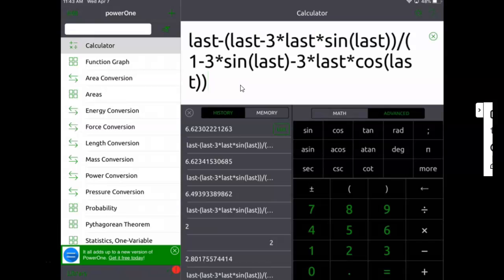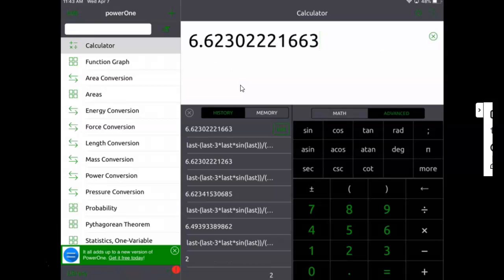And do it again, and I get 6.62302216. It's awful close to what it was. So this is leveling in on another zero. My guess is actually taking me to another zero, but that zero is outside my interval. That's actually bigger than 2 pi. So this thing actually has lots of zeros. I'll show you the graph at the end here.